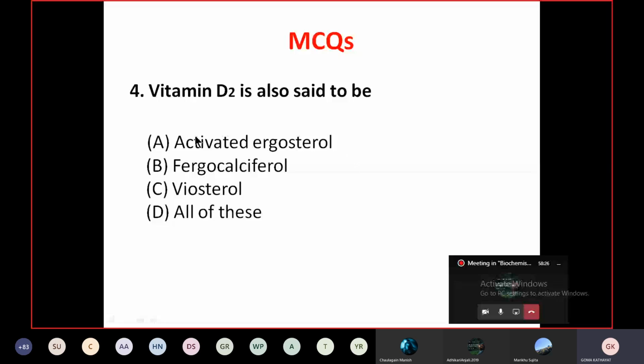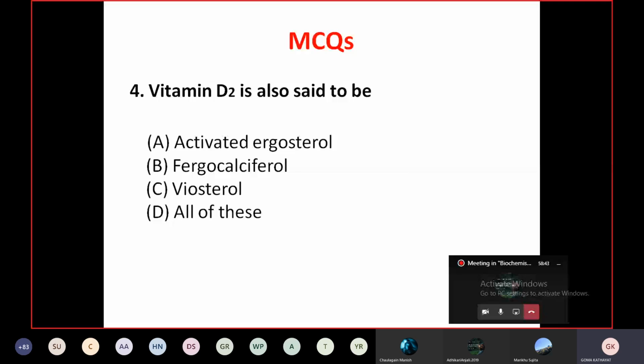When ergosterol undergoes activation in the presence of UV light, it converts into ergocalciferol, which is vitamin D2. It is mainly present in plants and yeast, so it is mainly of plant origin.